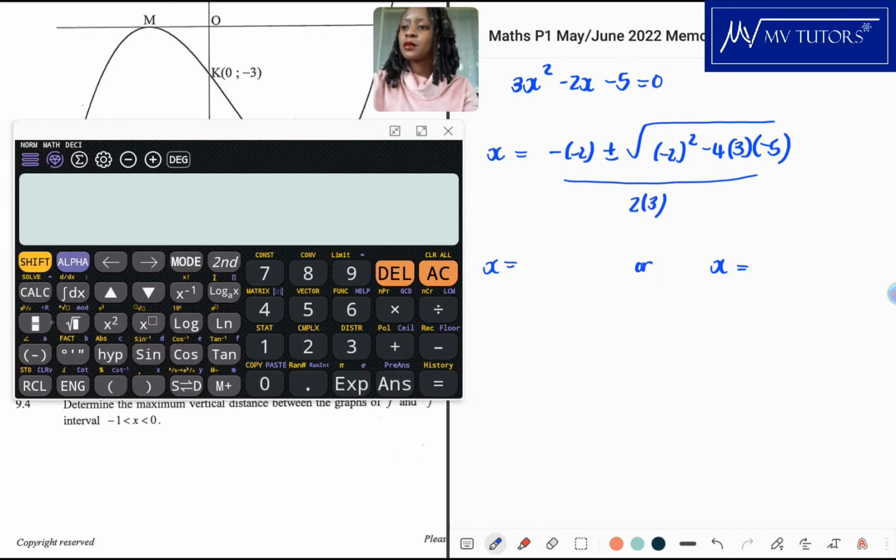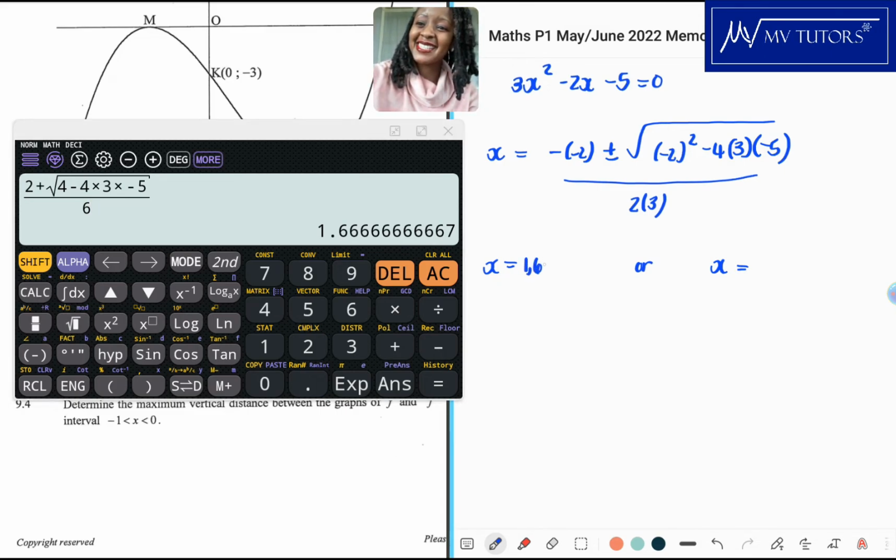Okay, so I have negative and negative is positive, and that's going to be 4 minus 4 times 3 times negative 5, all over 6. So I get 1,6666. That can be translated as what? Let me just write 1,67.